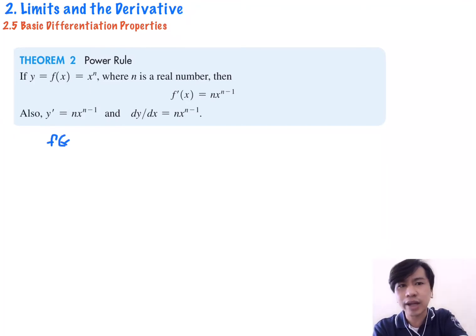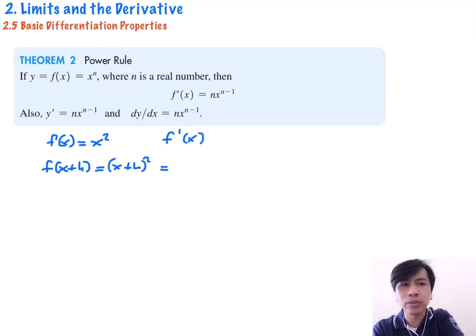Let's say f of x equals x squared. If we try to find f prime of x, we put f of x plus h, which will be x plus h squared. Then it will be x squared plus 2xh plus h squared.